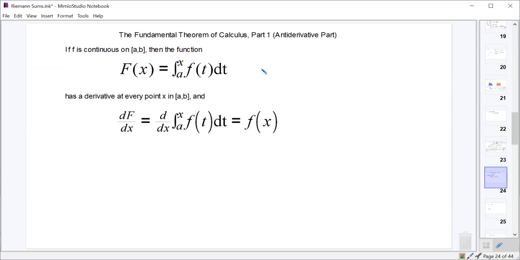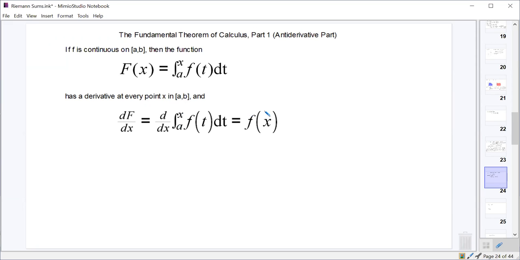So the fundamental theorem of calculus. The first part of the fundamental theorem of calculus basically just says that the derivative of the integral of a function from a constant to x is equal to the original function. Right?